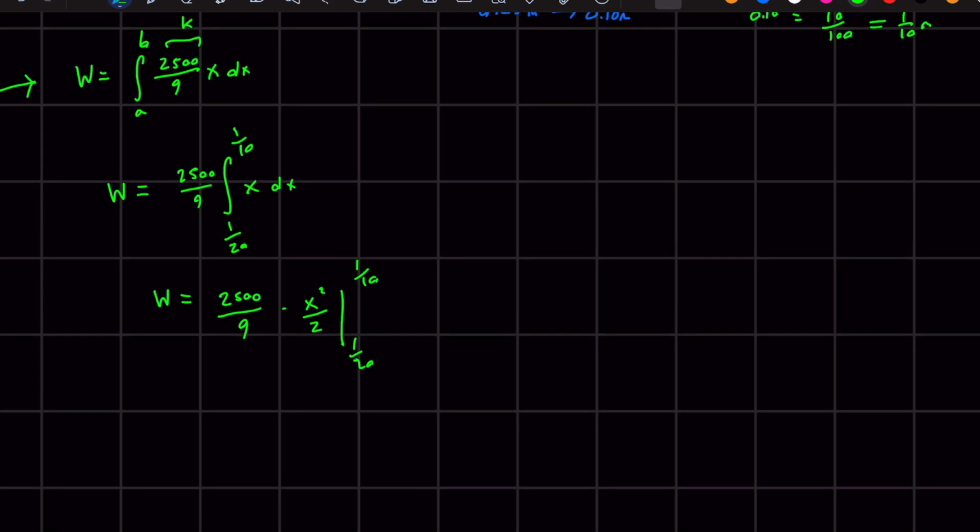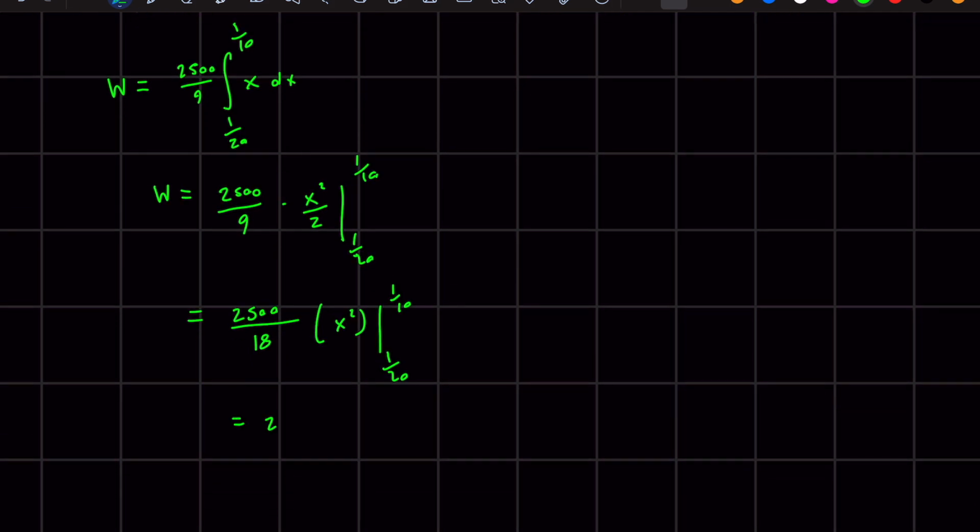That 2 I can move out as well. So it's going to be 2500 over, and then that 2 I can move out here, 9 times 2, 18. 2500 over 18. And then we're going to evaluate x squared from 1/10 to 1/20. So it's going to be 2500 over 18 of 1/10 squared minus 1/20 squared.